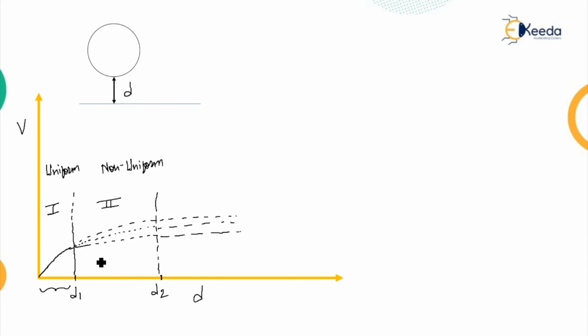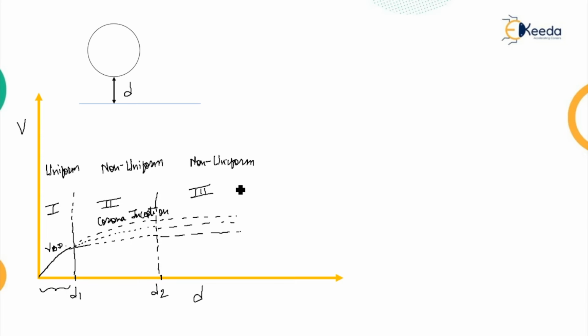Here we can say this is the start of the breakdown and this is the corona inception, meaning the corona starts. The voltage at which the corona incepts or starts is called the inception voltage. So this is our region number 3. Here the spacing is large. Again, the field gap is non-uniform, and the breakdown is preceded by a corona and controlled only by the spacing.